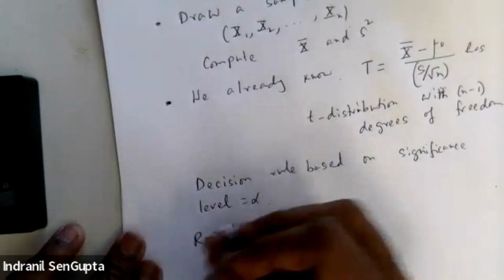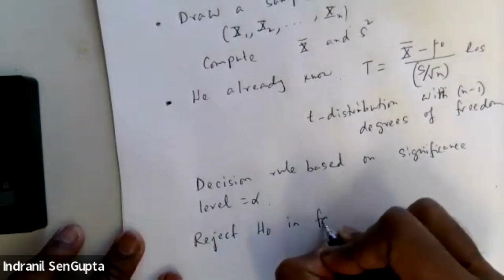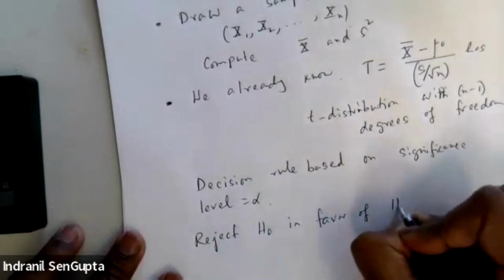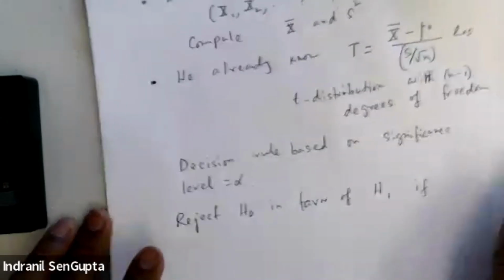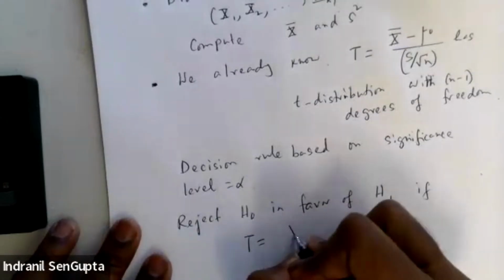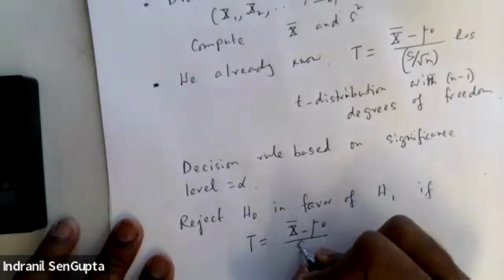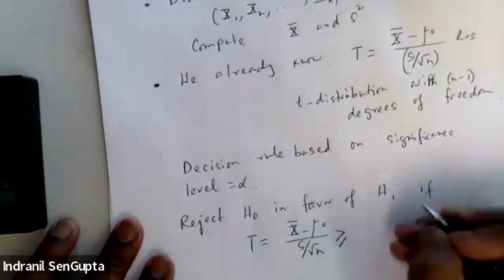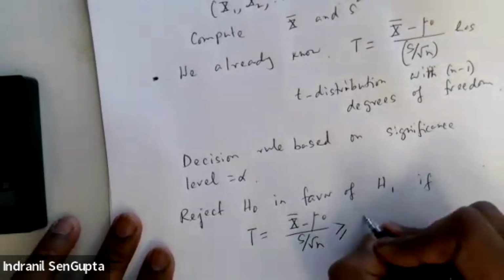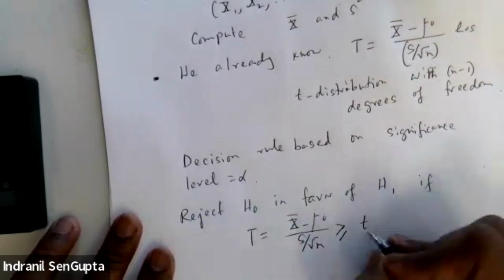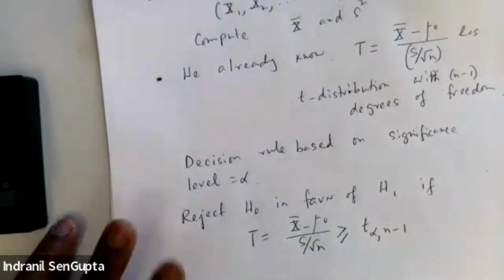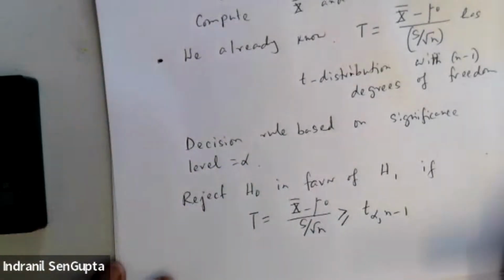H0 in favor of H1 if this statistic T, which is something that we just constructed, is big enough, which in our case, since the significance level is alpha, with degrees of freedom n minus 1.